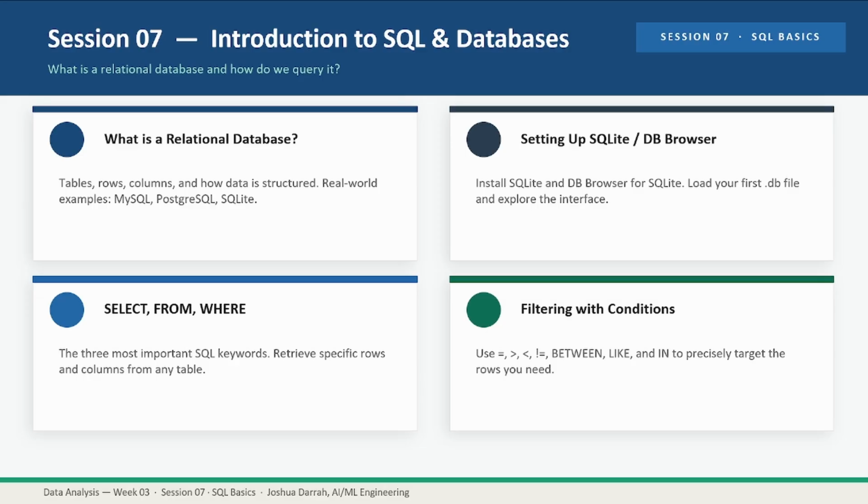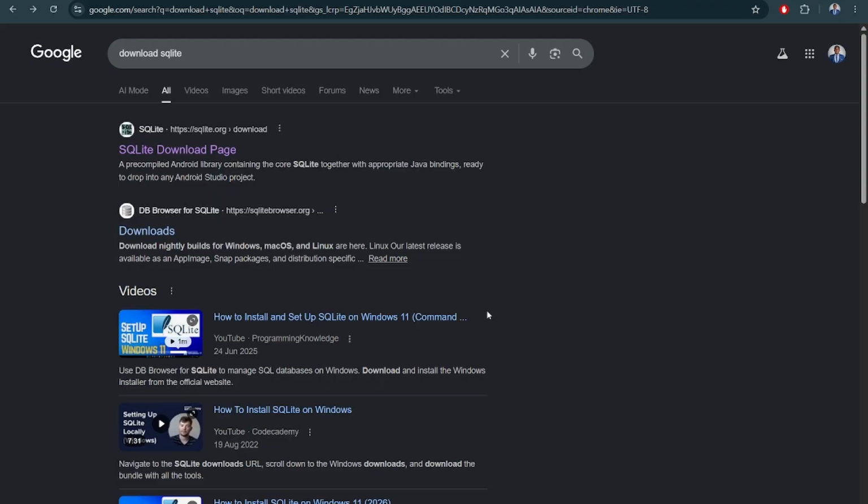Let's head on to the installation of SQLite now. To download and install SQLite, you head into your browser, type download SQLite and hit enter. Then it's going to be the first one. But we are not only coming to download or install SQLite.